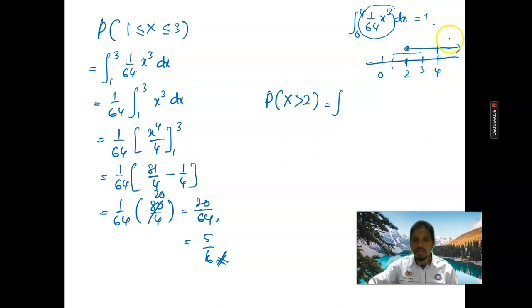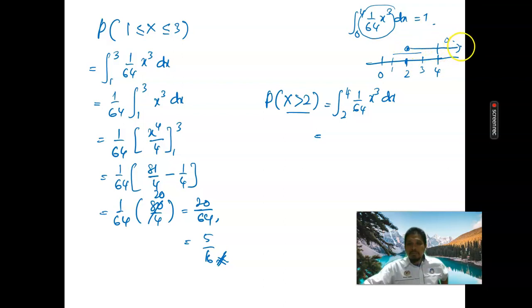But because in this domain from 4 to positive infinity the function is equal to 0, we are talking about 2 until 4 only. So from 2 until 4, 1 over 64 x cubed dx. Again, class, x greater than 2 means from 2 to 4 and across the line 4 to positive infinity.